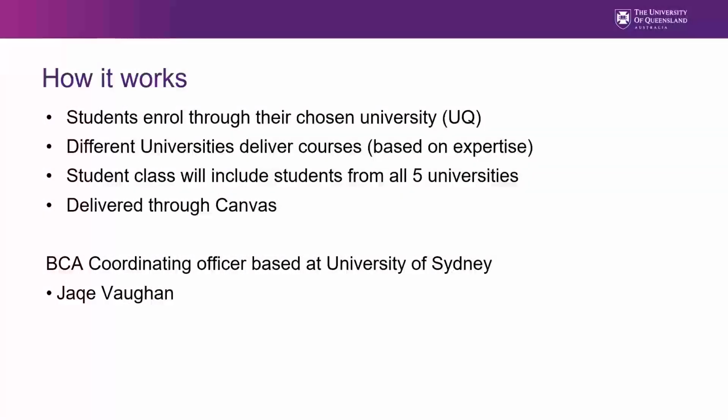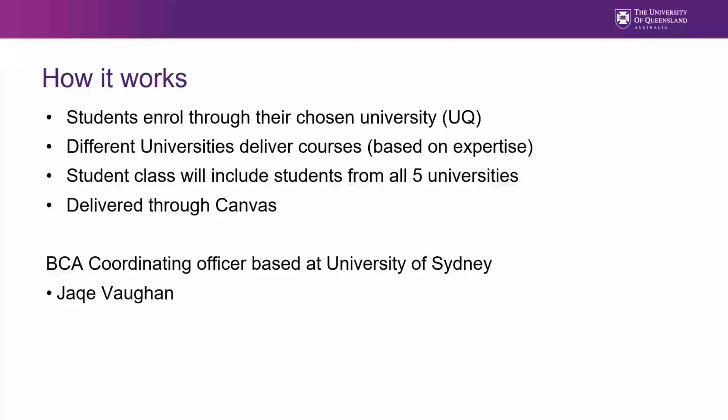So how does this work? Well, students enroll through their chosen university, and we hope your chosen university will be UQ. Then different universities deliver different courses based on their expertise. So when you're in a class in the Masters of Biostatistics program, you won't just be in a class with UQ students. You might be in a class with Sydney students, Monash students, and Melbourne students too.